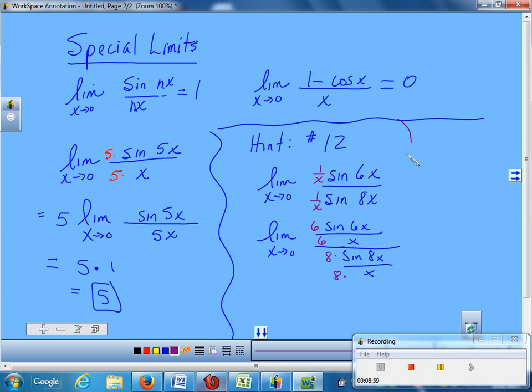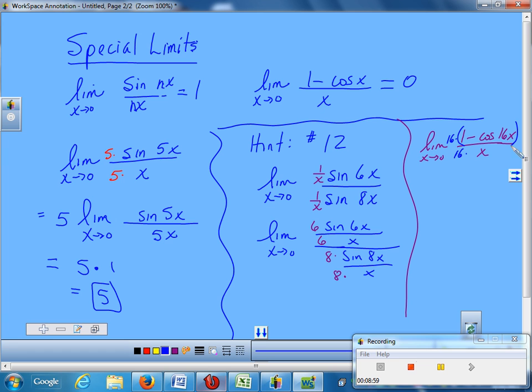If I had given you, oh golly gee, 1 minus the cosine of 16x over x, you still need it to do what? I need a 16 on the bottom, so you would still multiply it by 16. You still work it the same way.